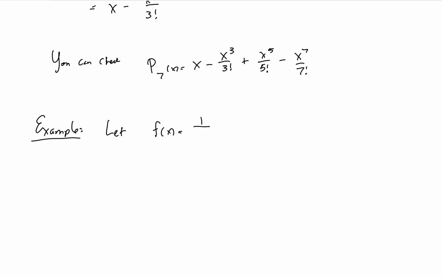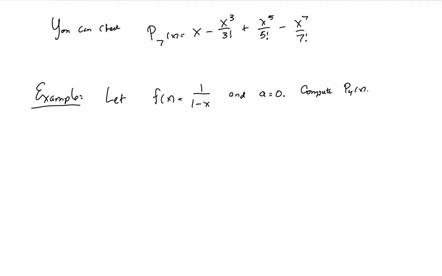So in this case, let's look at 1 over 1 minus x. And again, let's take a to be 0. In this case, let's compute P4 of x. So again, let's make our table. So this is 1 over 1 minus 0, so this is just 1.